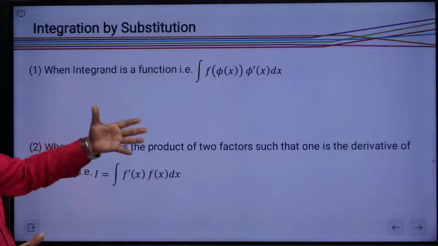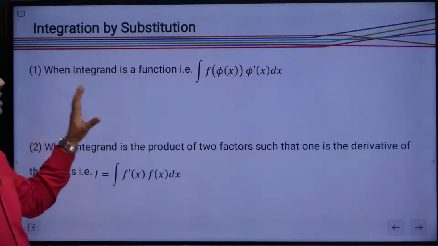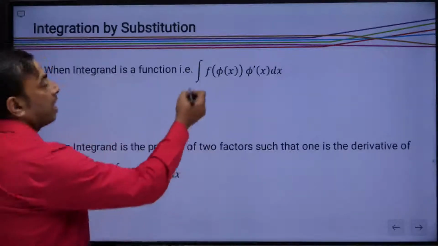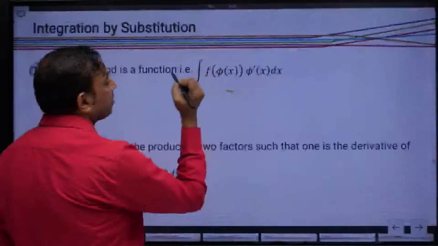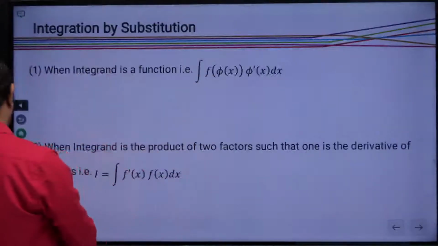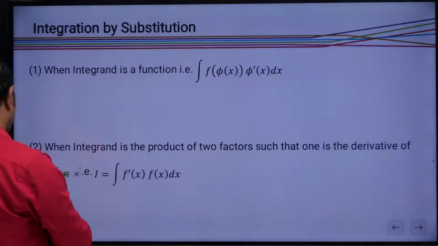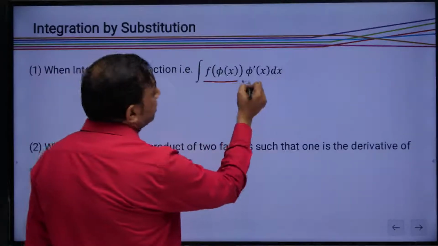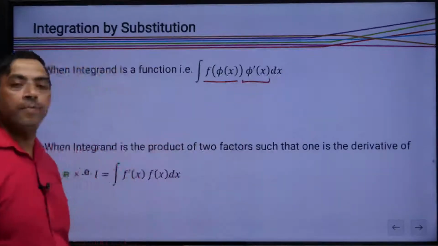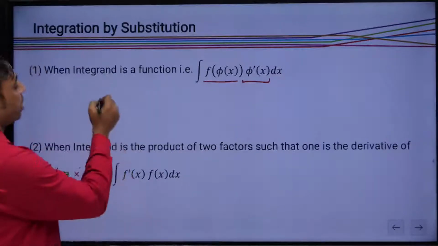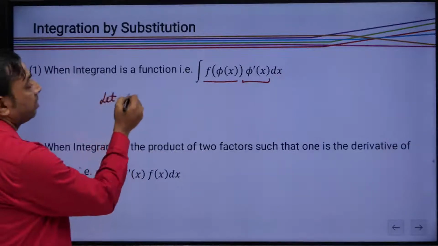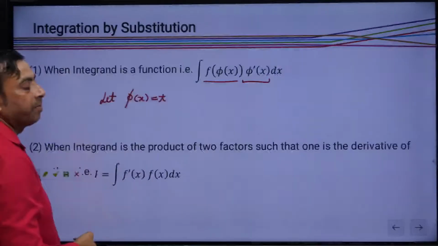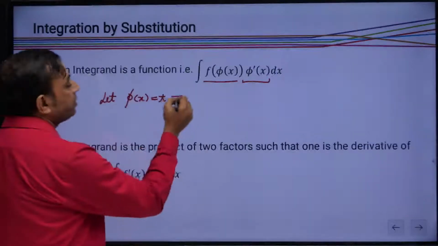So the very first form we are taking is when the integrand is a function in this particular form, where f is a function of phi x, and this function is multiplied with its derivative here. In such a case we'll assume let phi x be t, and we will differentiate it.